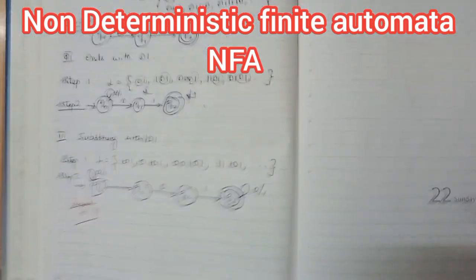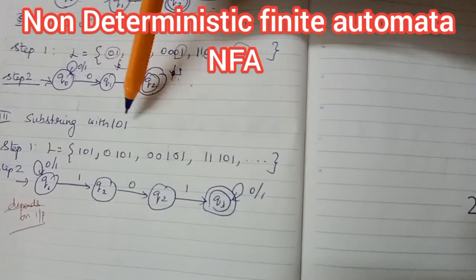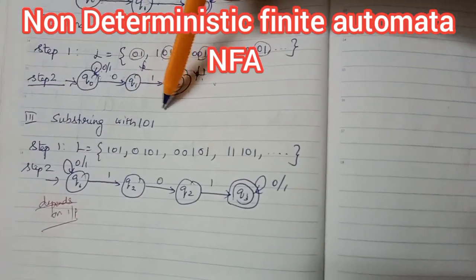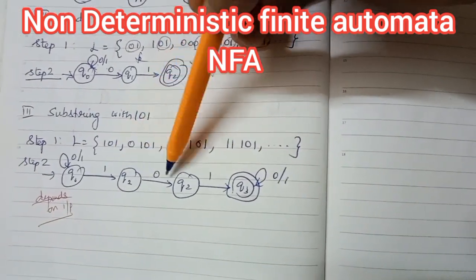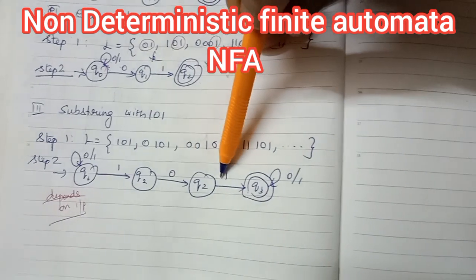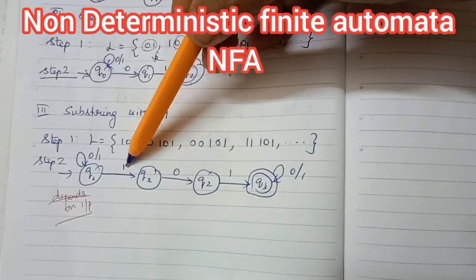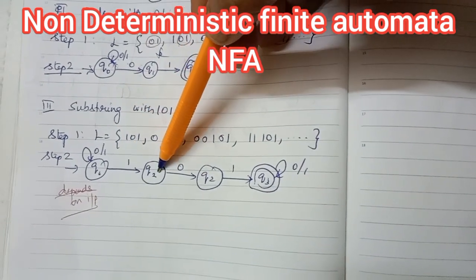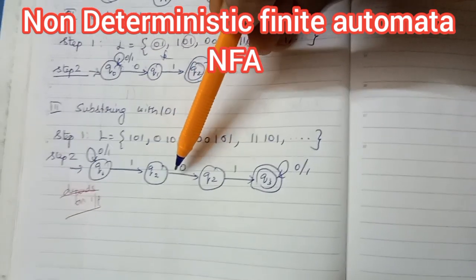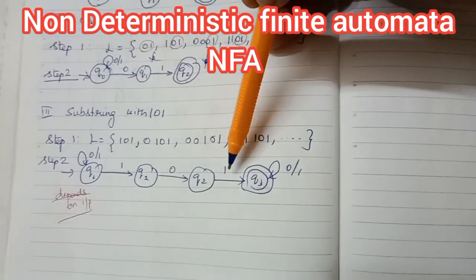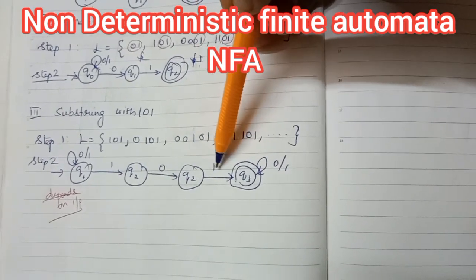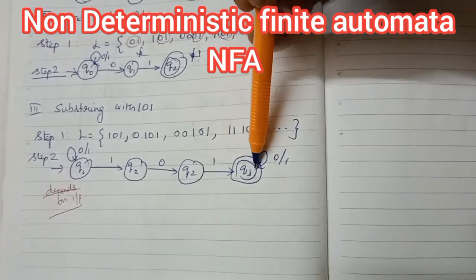Now the substring. We have the substring 101. In between, the states form the machine for 101. If we get the input 1, it goes to the next state; immediately we give 0, it takes the next state; and we give 1, it goes to Q3.